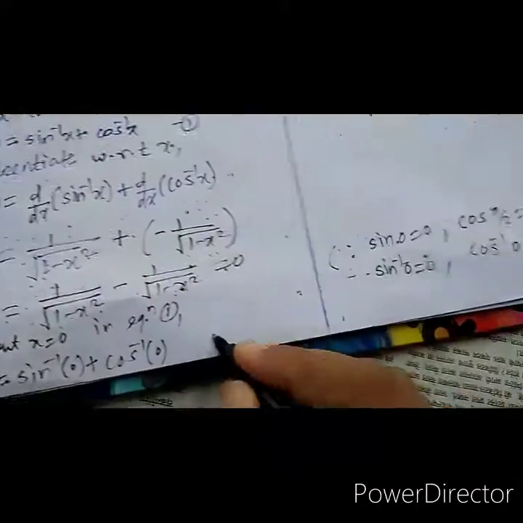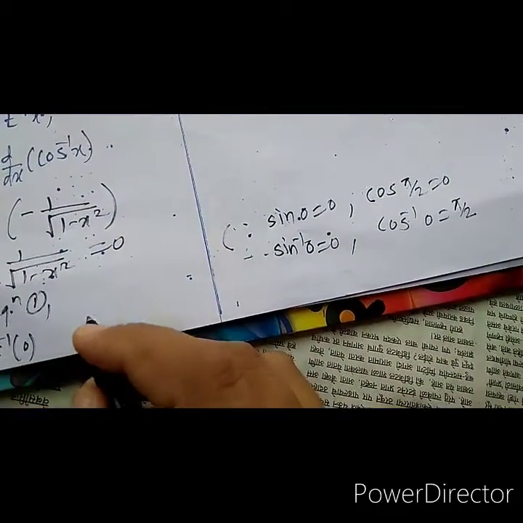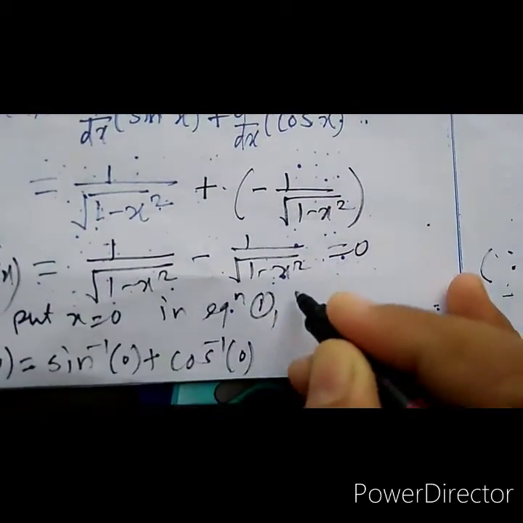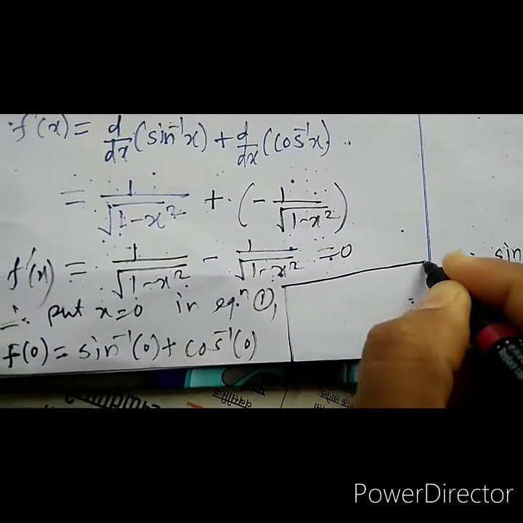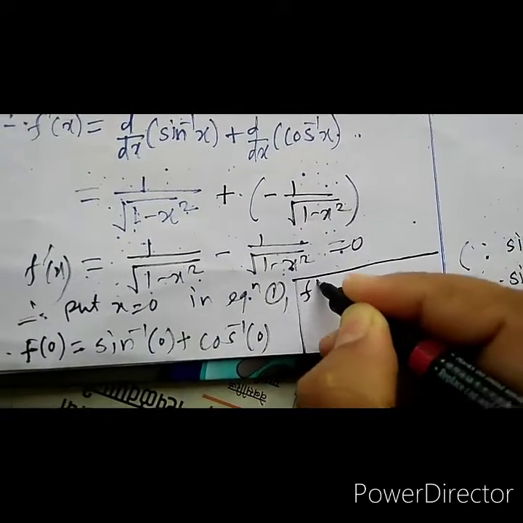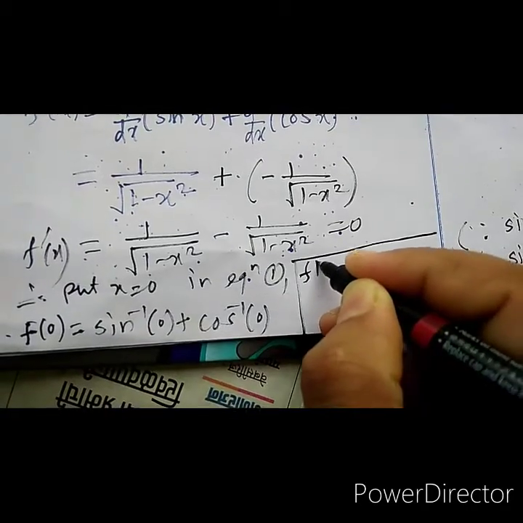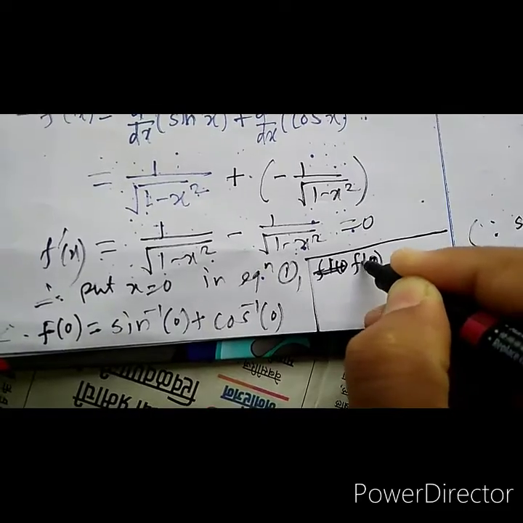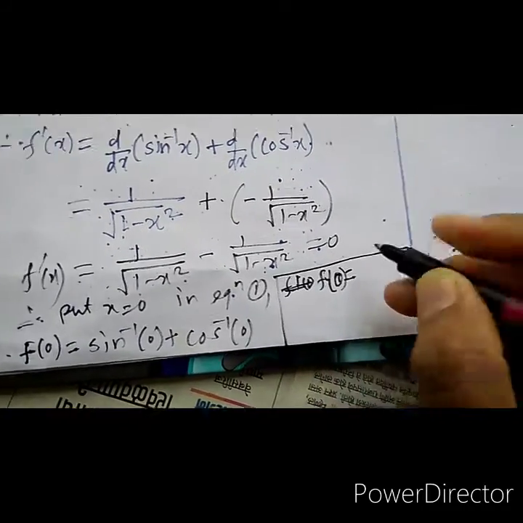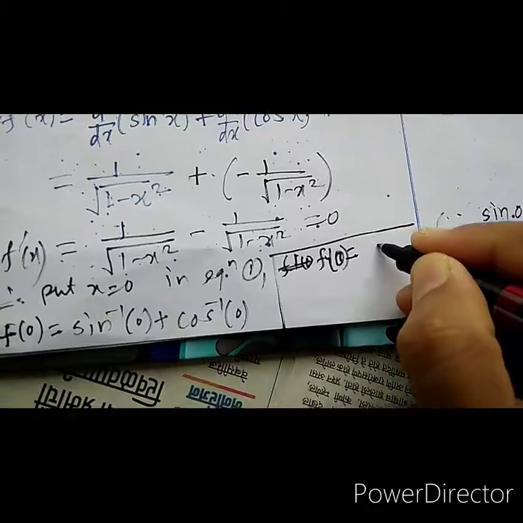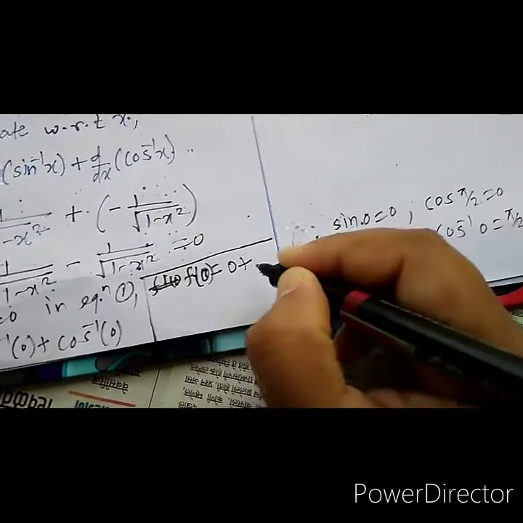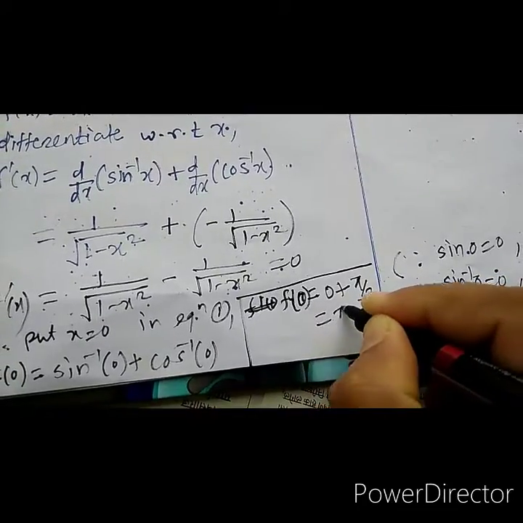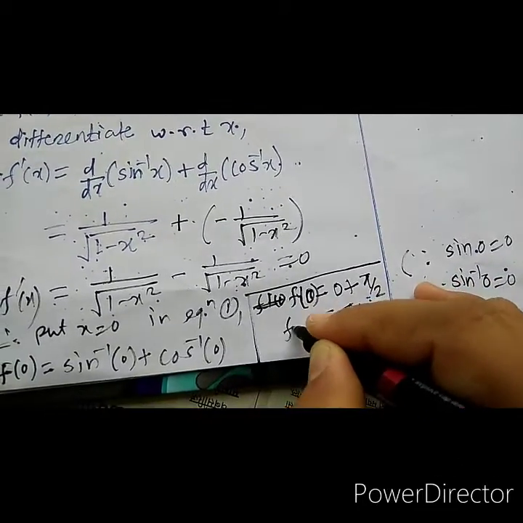Therefore here we can put the value of sine inverse of 0 as 0 and cos inverse of 0 as pi by 2. So f of 0, by equation 1, sine inverse of 0 means 0 and cos inverse of 0 means pi by 2. 0 plus pi by 2 is equal to pi by 2.